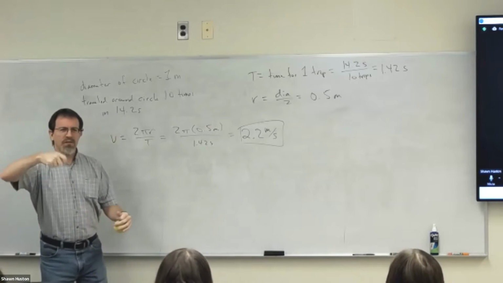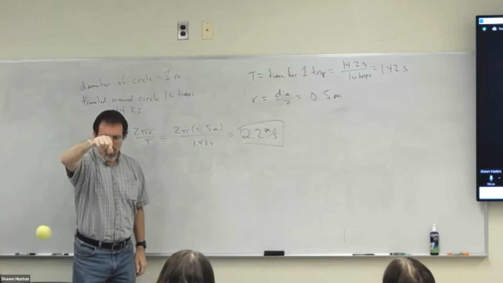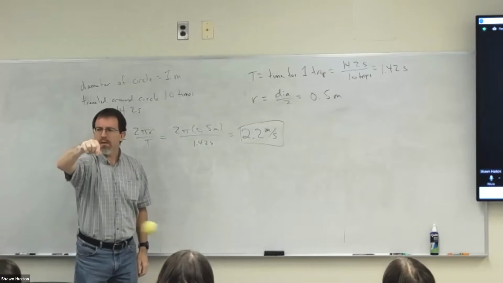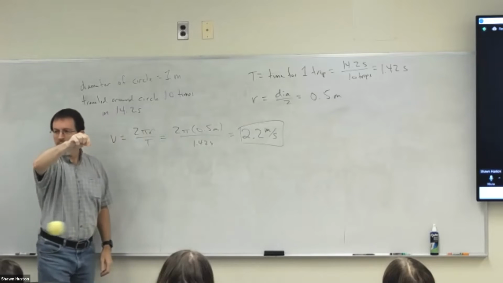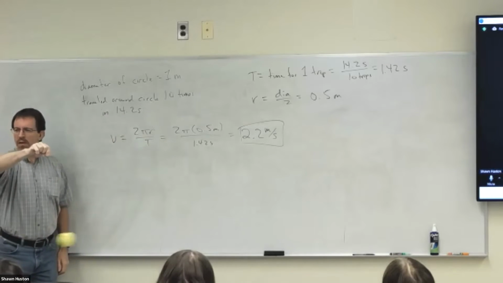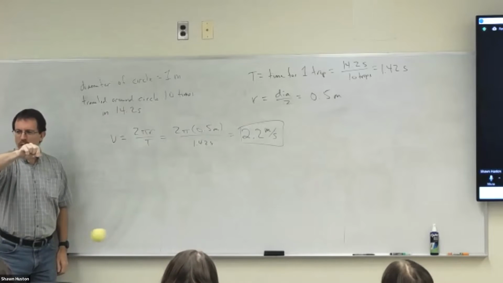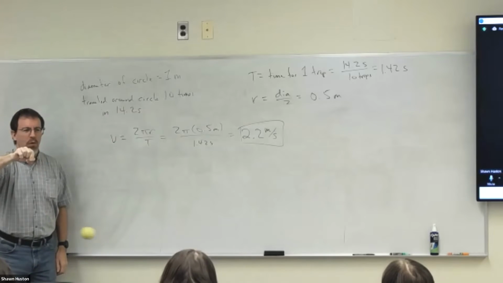I said we call this a conical pendulum. Any ideas on why we would call this a conical pendulum? Yeah, because of the string. You look at the string and the fact that there's a circle at the bottom, and the string and the ball form a cone as we complete the motion.